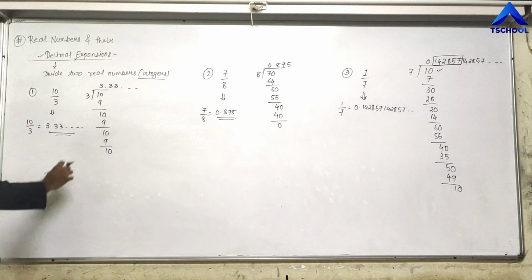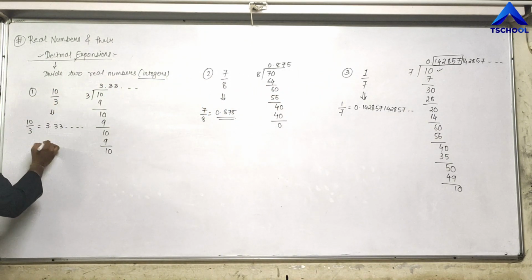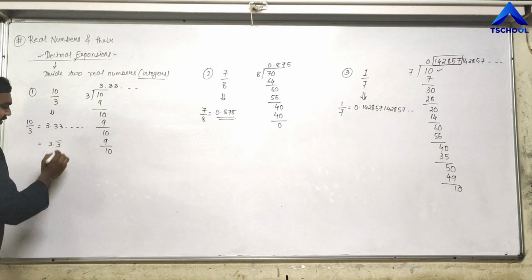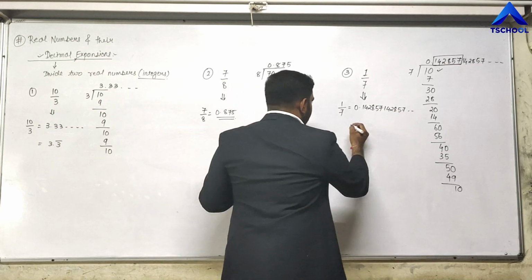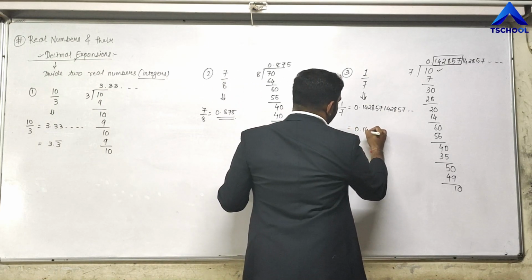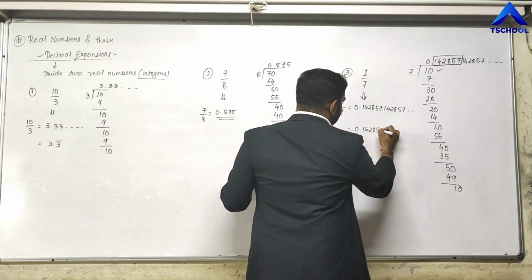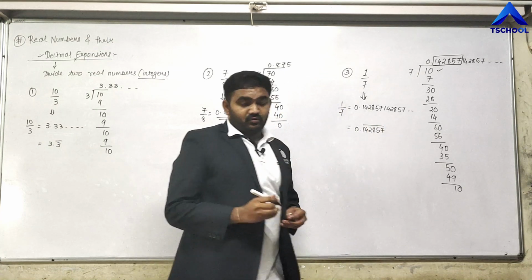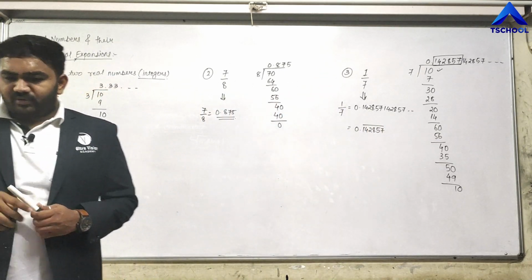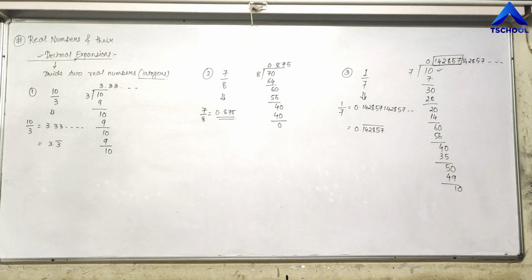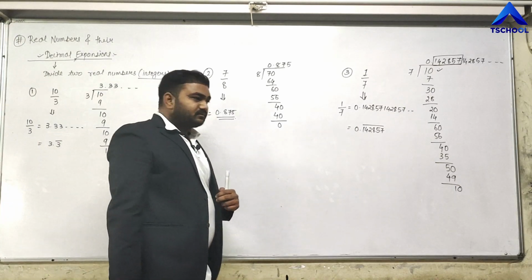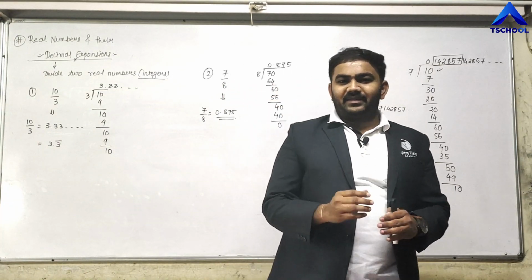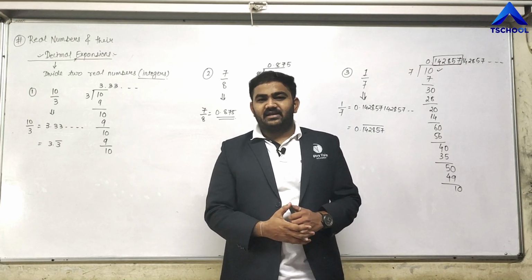So let us now write this in the simplest form: 3.3 bar. This cannot be written anything in the bar, and this can be written as 0.142857 bar. Now friends, you will ask, sir, what is this bar here? Bar means the number under that bar is repeating itself.